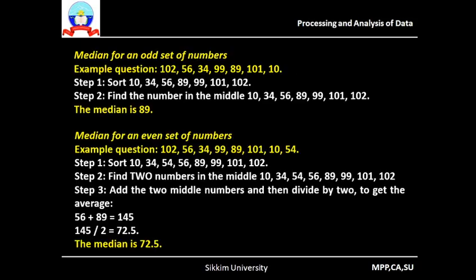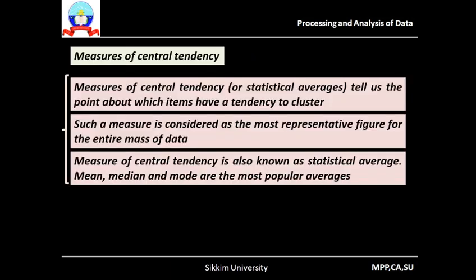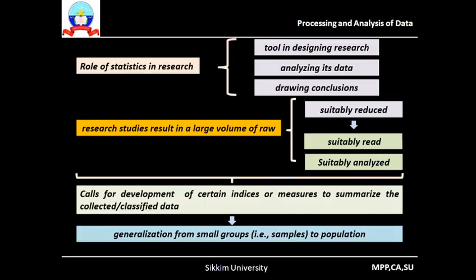In today's class, what we have learned about is the relationship between statistics and research. We have learned about the spheres of research where statistics has a crucial role to play.